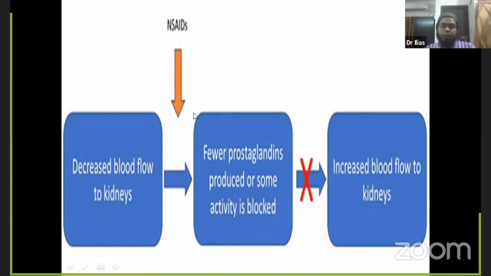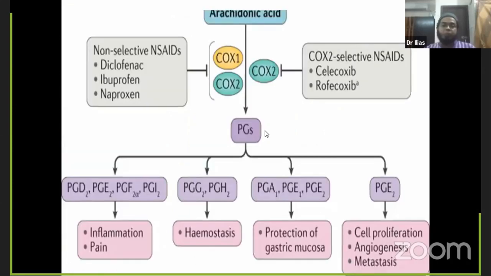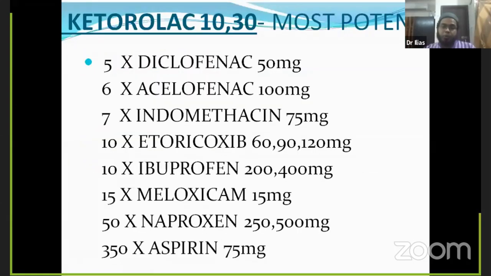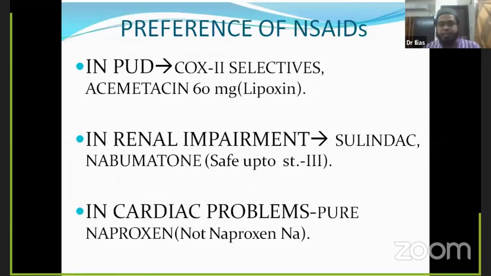So up to stage 3 of renal impairment, we can prescribe Sulindac and Nabumetone. If anybody asks you about your knowledge of NSAIDs which can be prescribed for a renal impaired patient, you can tell them Sulindac and Nabumetone are safe up to stage 3. So this is very important. I think it is clear up to this.